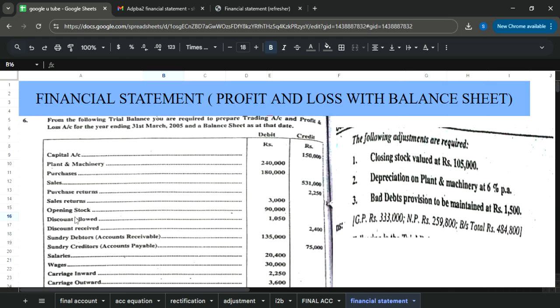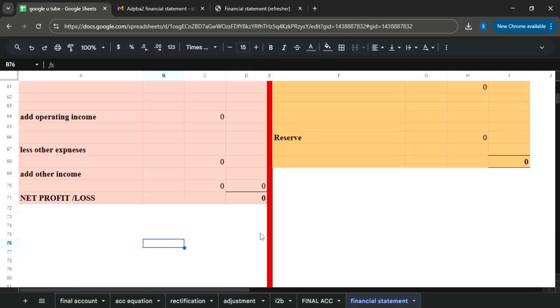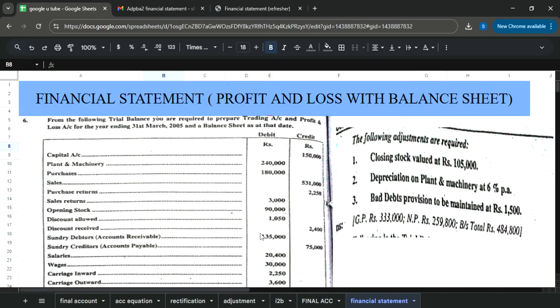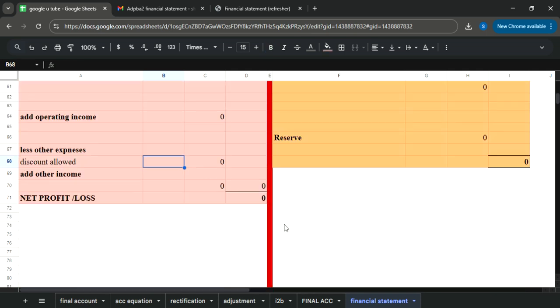After opening stock we have discount allowed 1050. For that you will go to other expense, and you will mention discount allowed, amount 1050. So mention this amount over here.